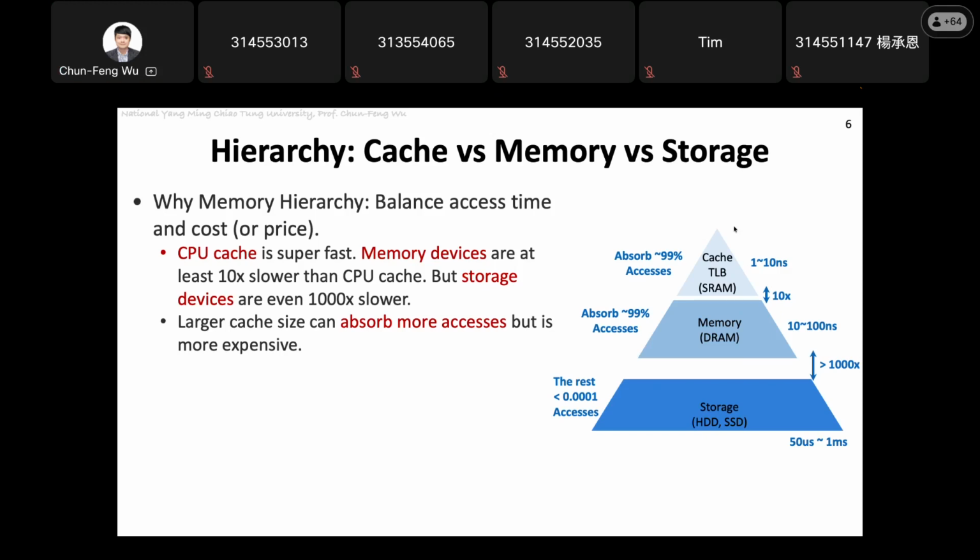If you double your cache, then probably you can make the 99% maybe 99.5% or 99.9%, but you need double the budget. So this is another perspective of why memory hierarchy matters.